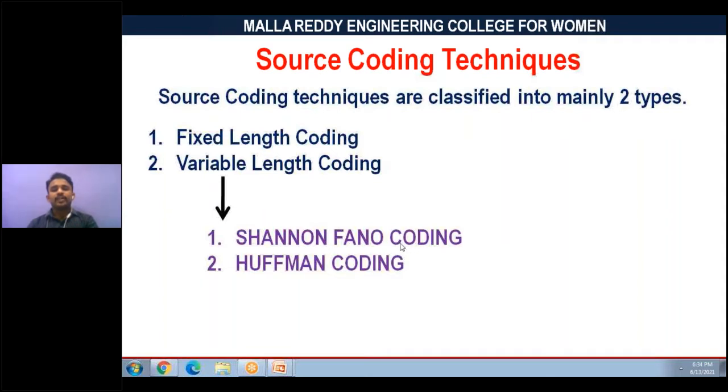One is Shannon Fano coding, another one is Huffman coding. These techniques are important in their own applications. Let me explain Shannon Fano coding with one simple example. With that example, we can easily understand how symbols are encoded into binary code words.